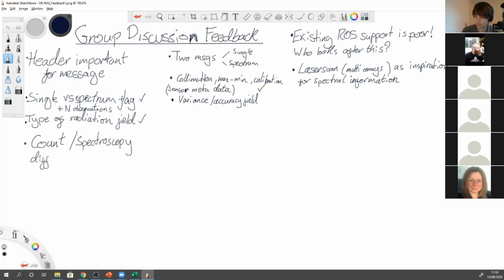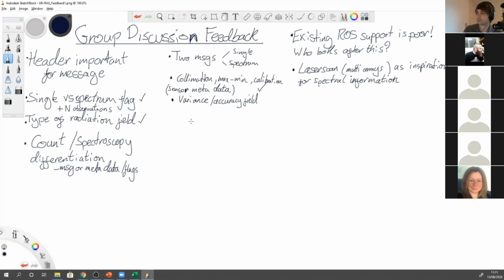So that's essentially feeding back to the idea of metadata of the sensor. There are different types of sensor for radiation, and do we want to collate all of the different sensor types into the same message, or do we want to say there's a spectroscopy message or a count message? I guess we could think about all of those separately anyway.